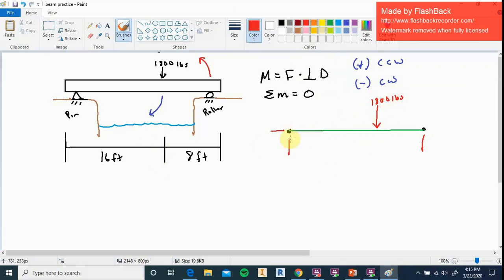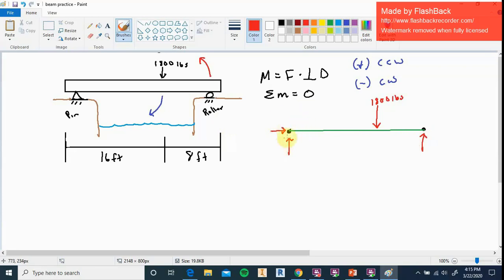Okay, so now I'm going to go ahead and draw in some arrows here. These are the directions that I think the reaction forces are going to have to go. I don't know these for sure, but I'm just going to assume that they're positive at this point. And if it comes out negative, then that means I know my arrow direction is incorrect.